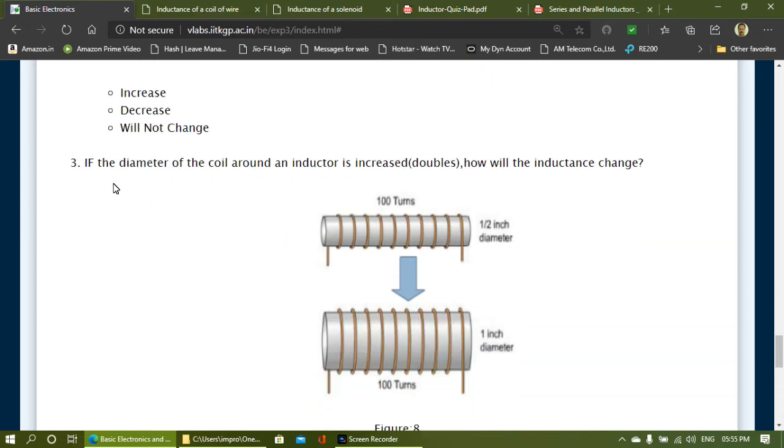Now if the diameter of the coil, that means the radius, that means they are talking about the cross sectional area, this total spiral area. Okay, so the diameter of the coil in the inductor is doubled.